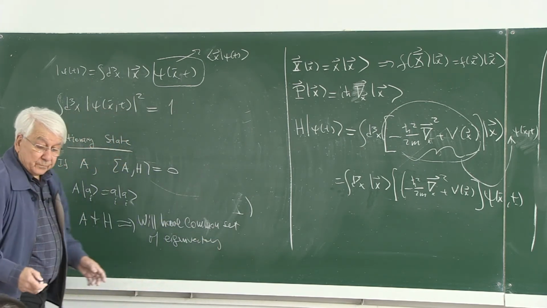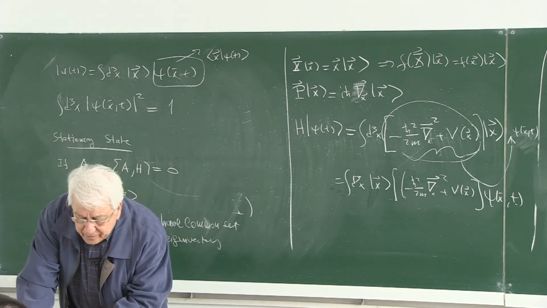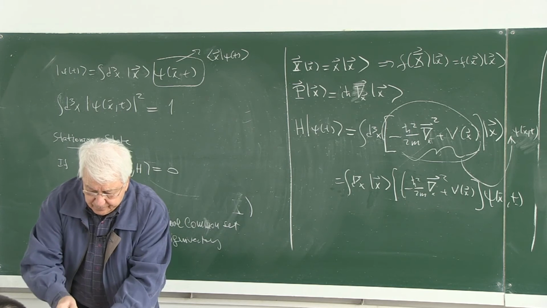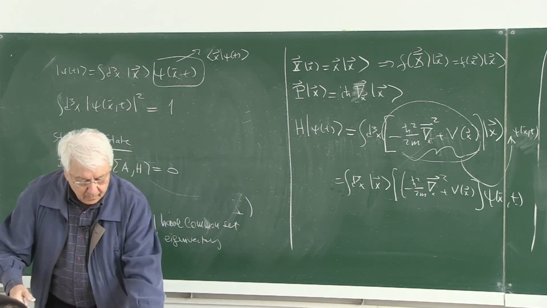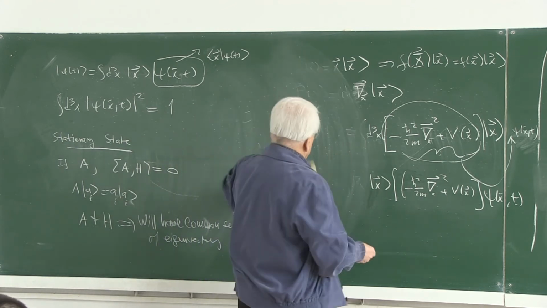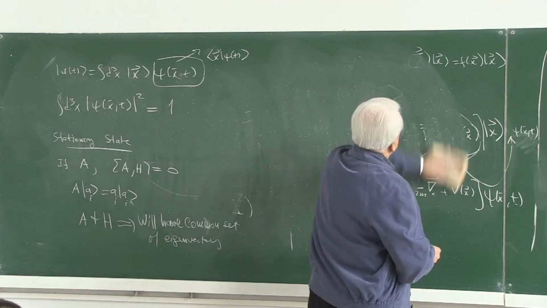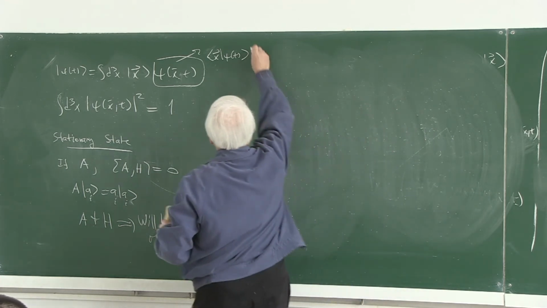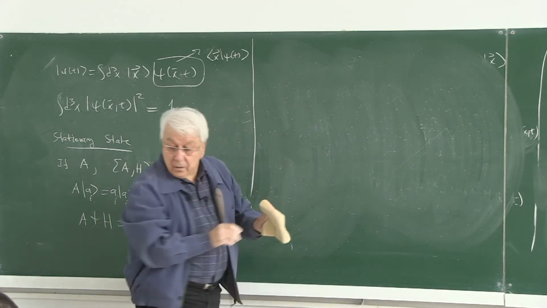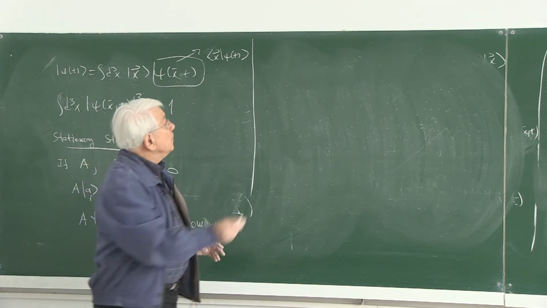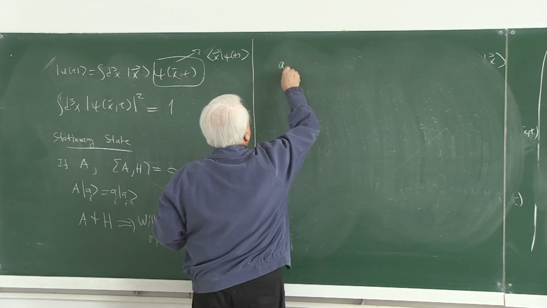Then, how do we proceed? We proceed in the following manner. How do I represent it?